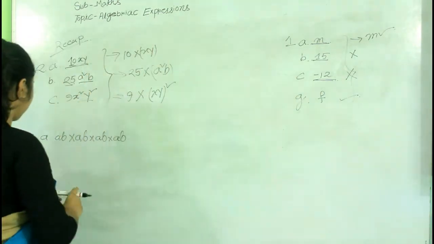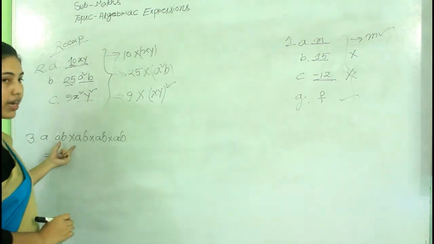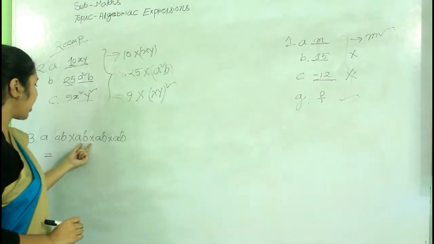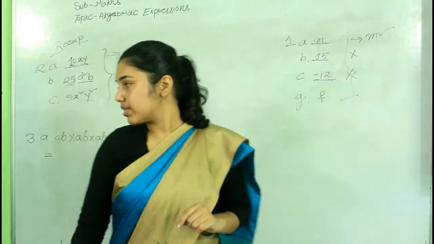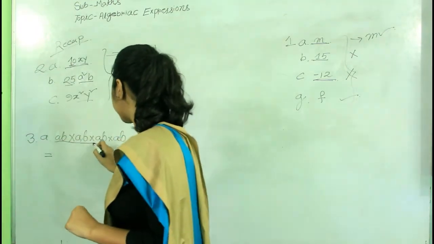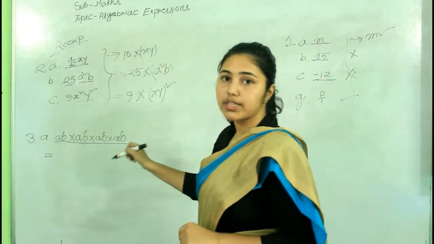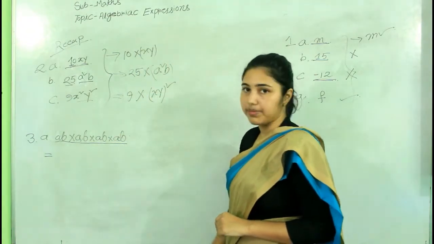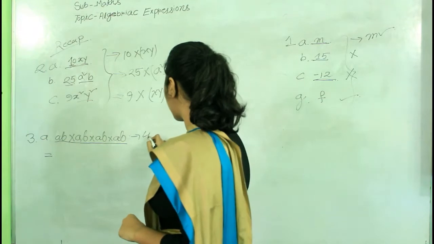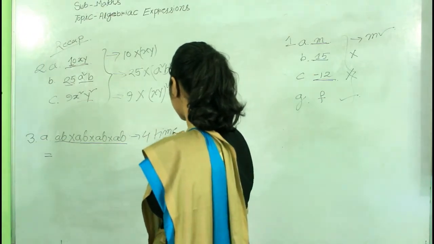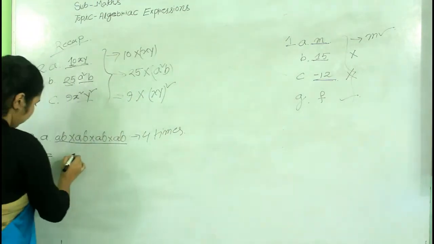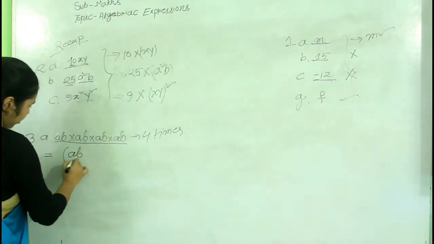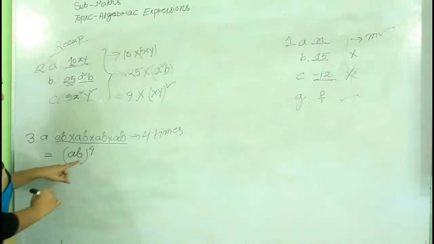Next, look at here, AB into AB into AB into AB, which means here AB is multiplied with itself 4 times. How many times? 4 times, right? So we can write it as AB to the power 4.